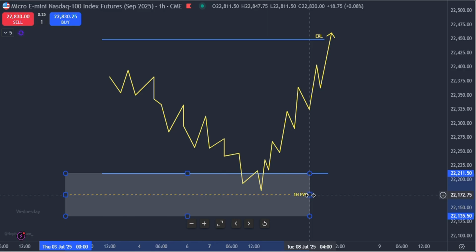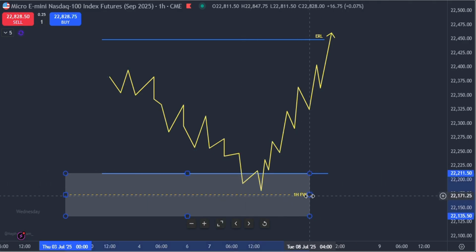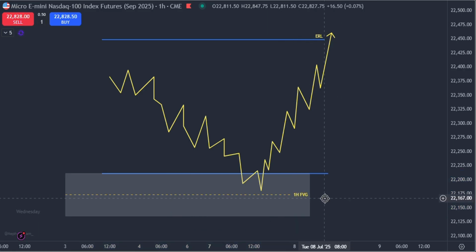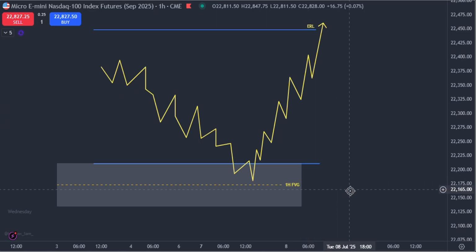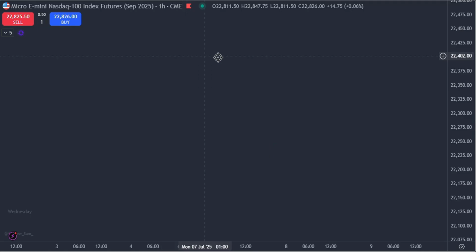I'll create another video on how to properly identify the order flow. And then I look at the hourly to see what hourly PDAs I can get targeted. And then I'll see what the high and the low is on the hourly. So I'm going to zoom out here.